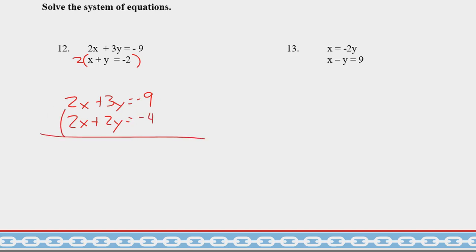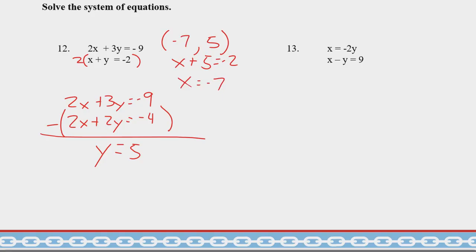And then when I subtract these, 2x minus 2x is 0x, 3y minus 2y is y, and then negative 9 minus a negative 4 is 5. Right, so there's half of my ordered pair. And then I'm going to sub that in, x plus y, which is 5, equals negative 2. So when I subtract that 5 away, I get negative 7.